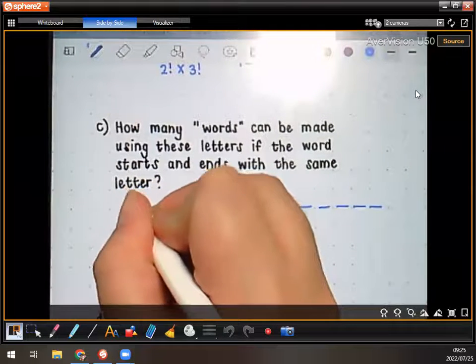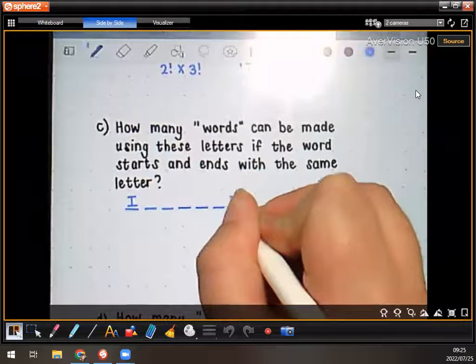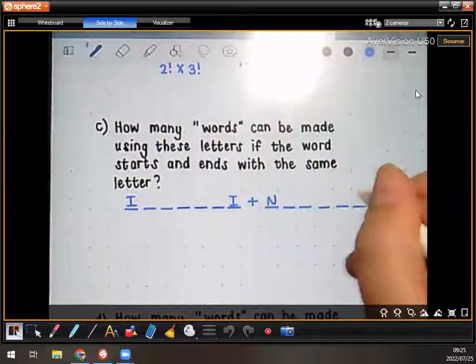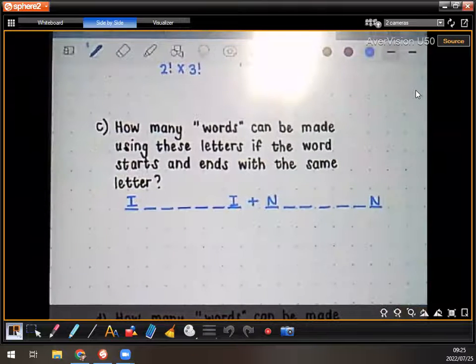So my word is either going to start and end with an I because there are 2 I's, right? Or it's going to start and end with an N. Does that make sense? Because there were 2 letters that had multiples, there would be 2 options. Either the word's going to start and end with I, or it's going to start and end with N.